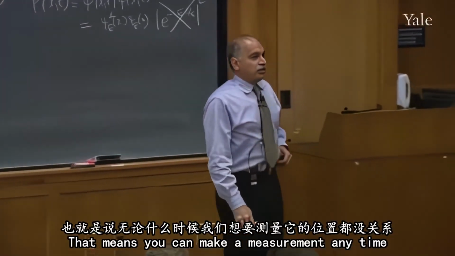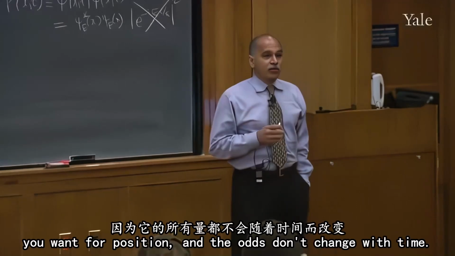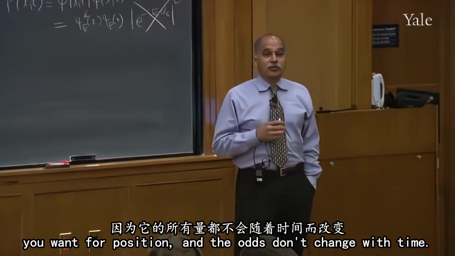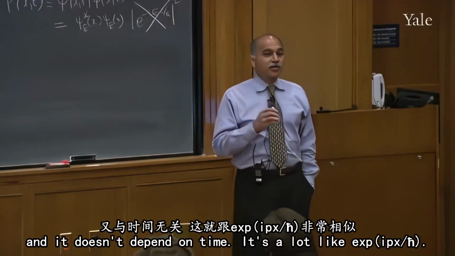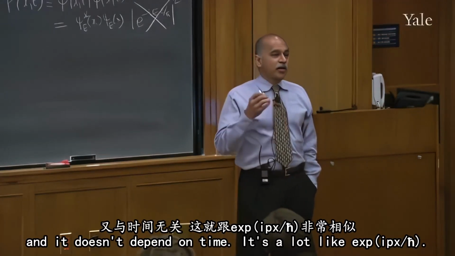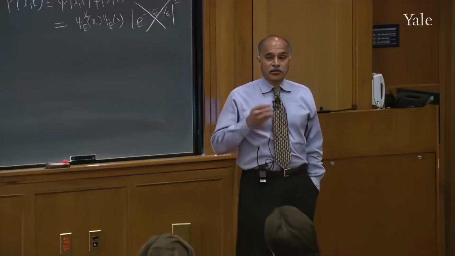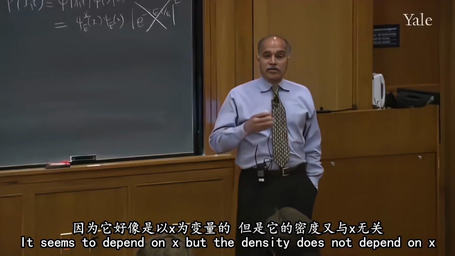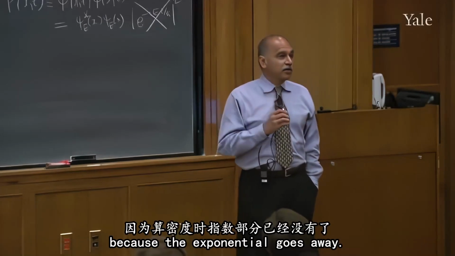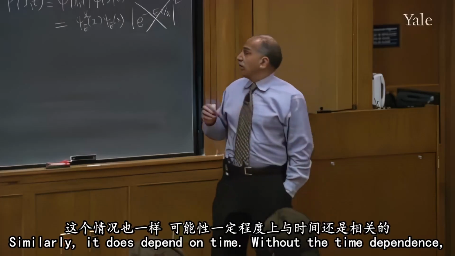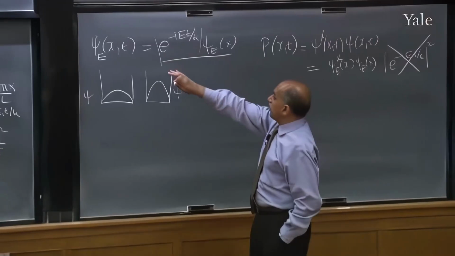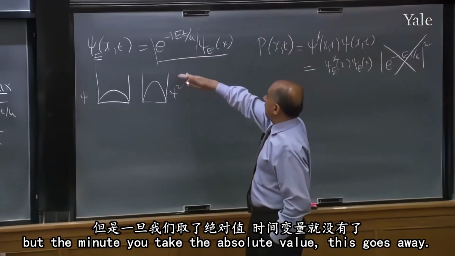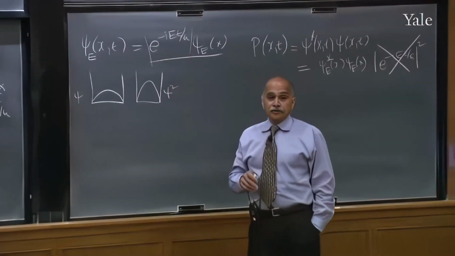That means you can make a measurement anytime you want for position, and the odds don't change with time. It's very interesting. It depends on time, and it doesn't depend on time. It's a lot like e to the ipx over h bar. Seems to depend on x, but the density does not depend on x because the exponential goes away. Similarly, it does depend on time. Without the time dependence, it won't satisfy Schrodinger equation, but the minute you take the absolute value, this goes away.